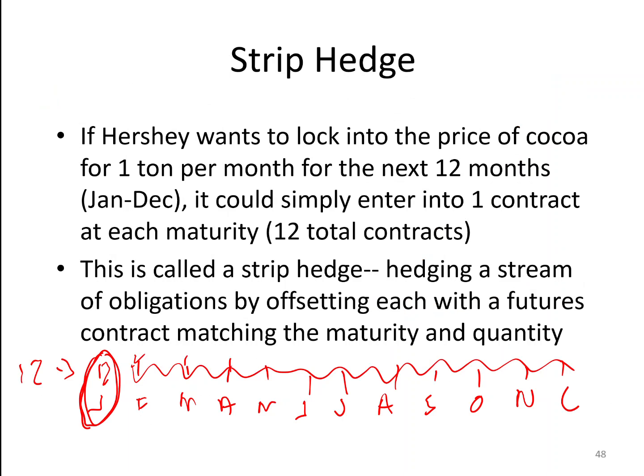So for example, if they initially at, say, January 1st or December 31st put in the 12 January contracts, just before expiration in January, they're going to unwind those contracts by shorting them, and then they'll put 11 contracts in February. Just before those mature, they're going to unwind them and then put 10 contracts in March. So this is called rolling the futures.